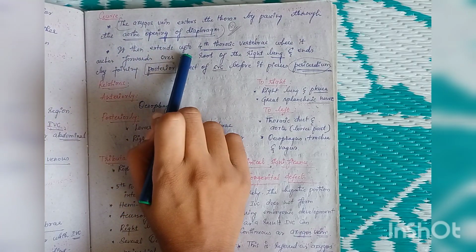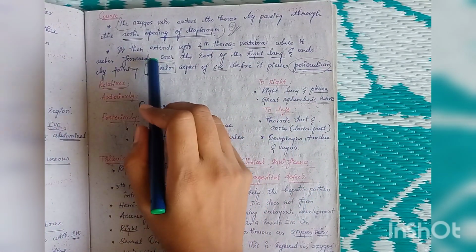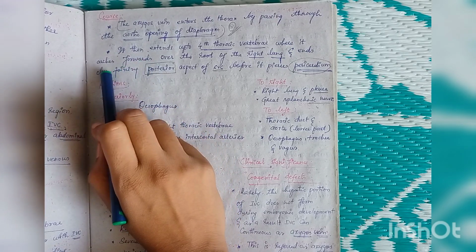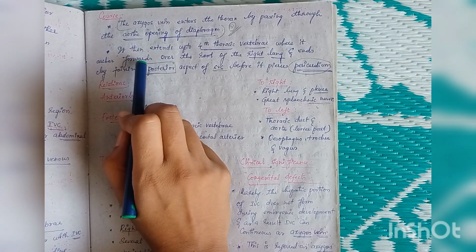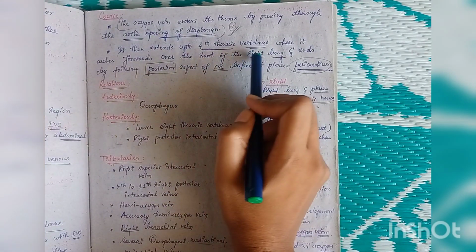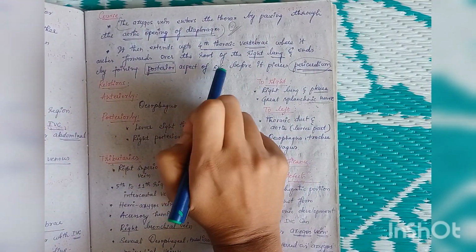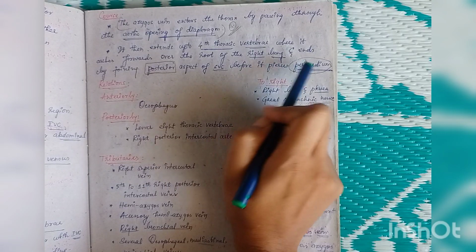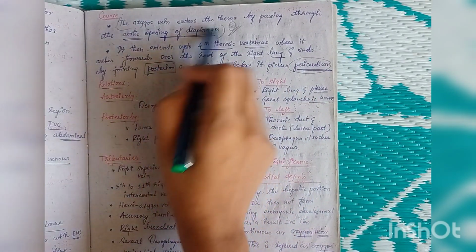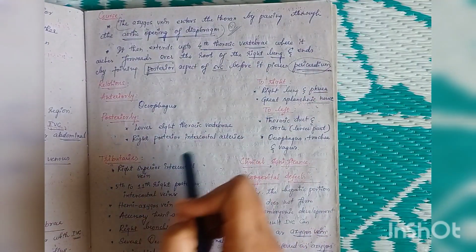It then extends up to the fourth thoracic vertebra, where it arches forwards over the root of the right lung and ends by joining the posterior aspect of the superior vena cava before it pierces the pericardium. So before entering the superior vena cava, it arches over the right lung, and then pierces the pericardium.